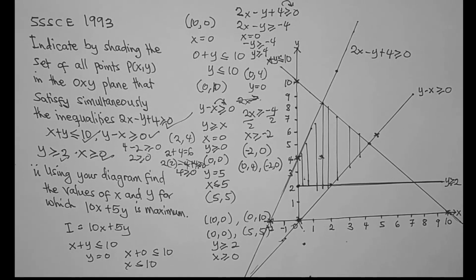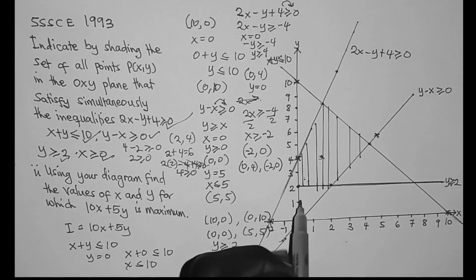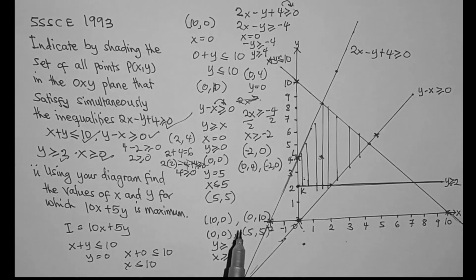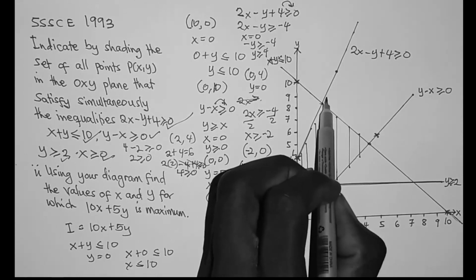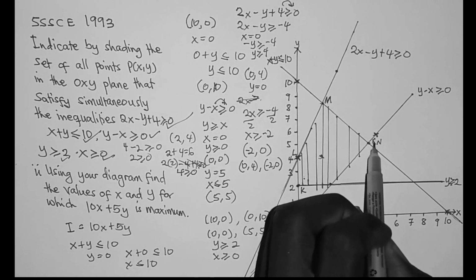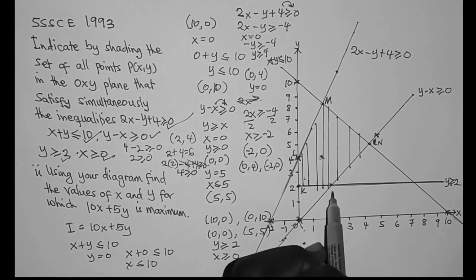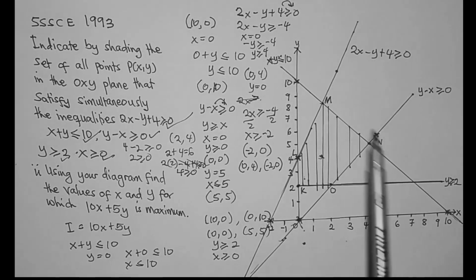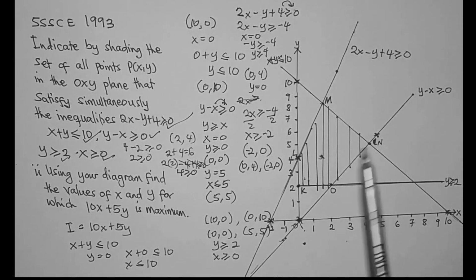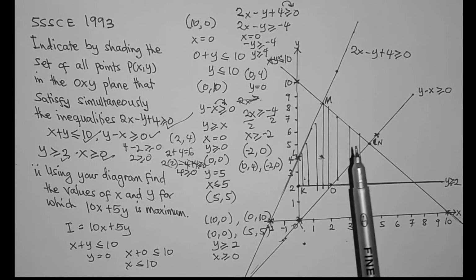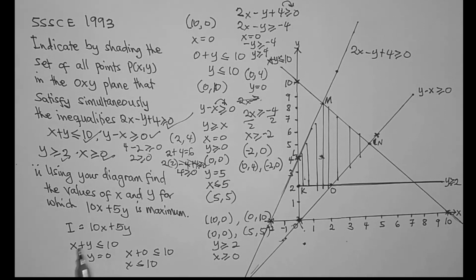So let's start labeling. Let me denote here as K, and then here as L, and then this point as M, and then this point as N, and then the last one is O. So this is K, L, M, N, O. These are the points that bound the required region. So let's then go ahead using these points to find the objective function.